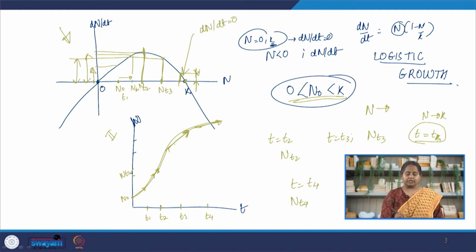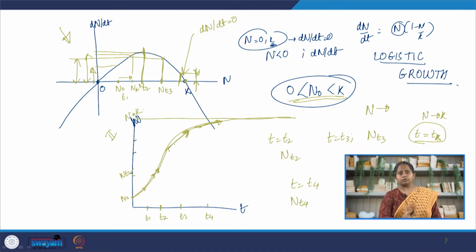So when dn by dt is 0, it means that whenever n tends to k or tries to reach k, the rate at which n is changing will slow down eventually to become 0. So this particular curve, this particular slope will slowly slow down to become horizontal, flat. And this will happen when n is equal to k.